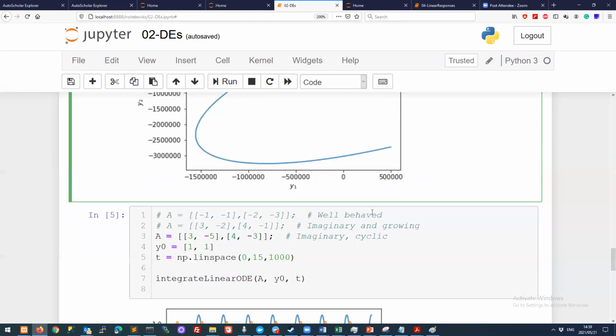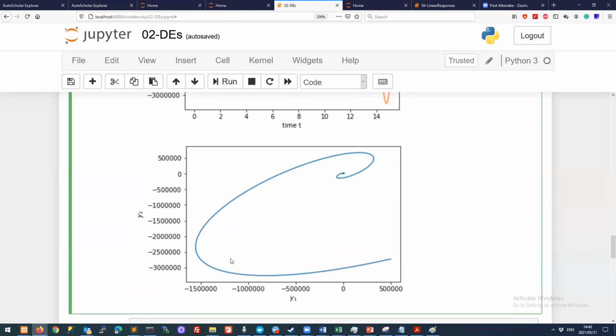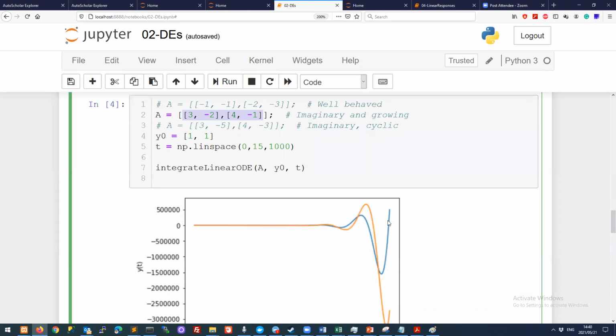And so here it's showing us in terms of time how y1 and y2 are varying. And here, if we plot y2 against y1, here we started out at 1, and then you can see the system is spiraling out of control.